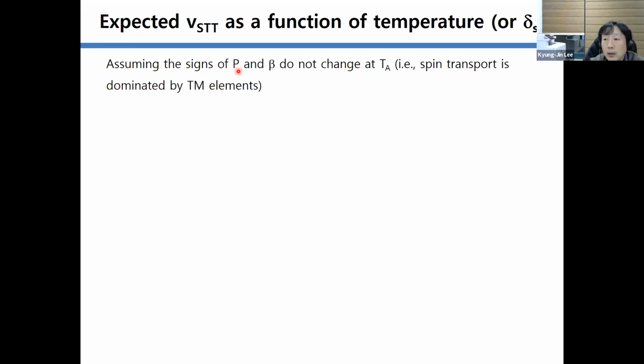So TA is mostly given by the layers' contribution that does not contribute to the spin polarization of the gadolinium. So P should not change sign at TA. But beta, we don't know, because beta is a very difficult number.